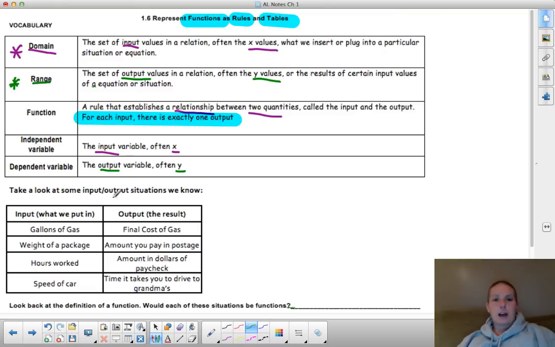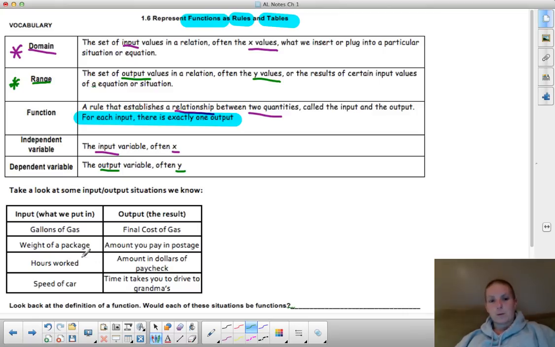Now, some input-output situations that we know. Gallons of gas. So we put in gas in our car, and the output is the final cost of the gas. Well, we could come up with all sorts of things. Gallons of gas gets tied to all sorts of different kinds of output. Weight of a package, amount you pay in postage.